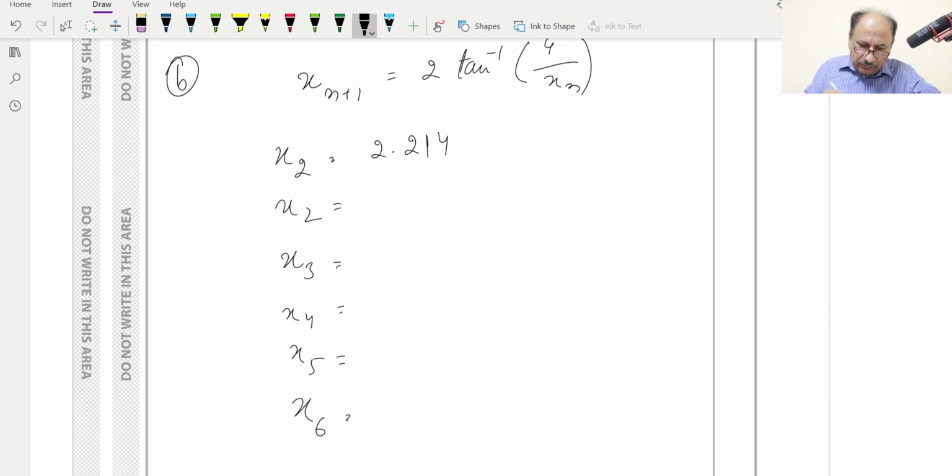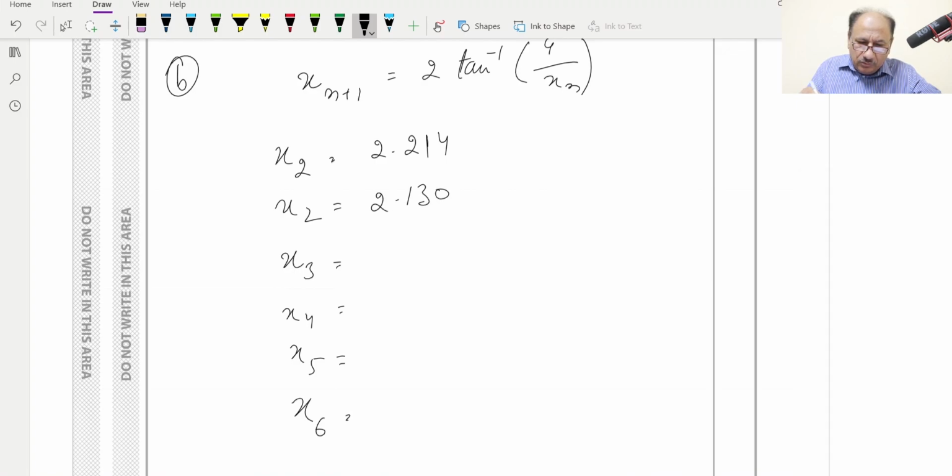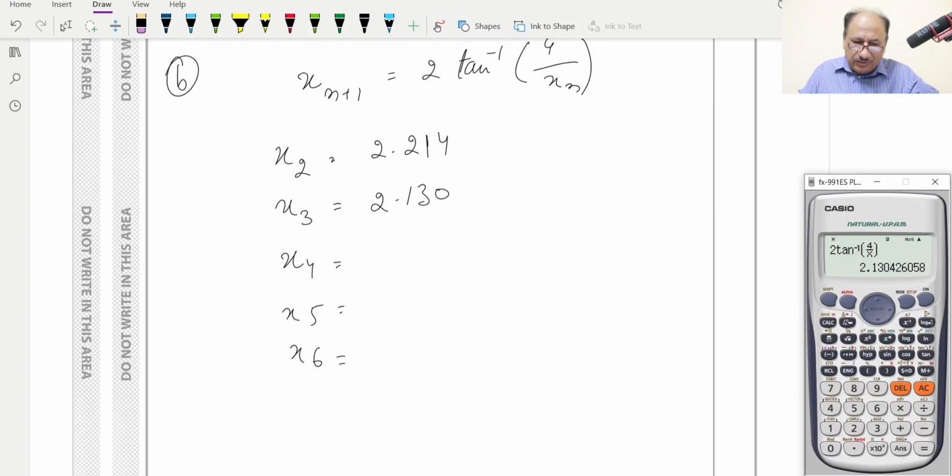So we can check for this one, calculate for answer, and this will give us 2.130. This will be x3 basically. And then x4, calculate for answer, and we will get 2.1628, so 2.163.